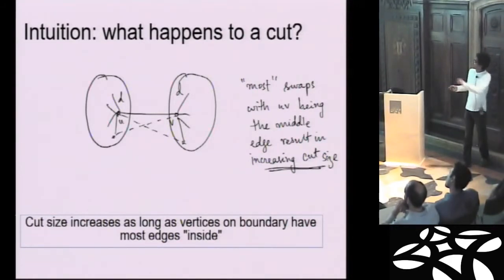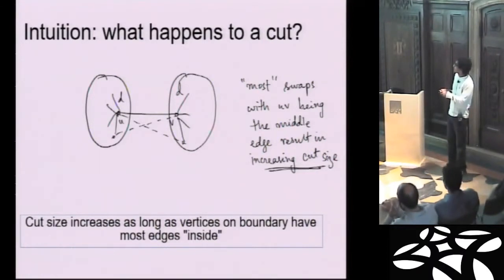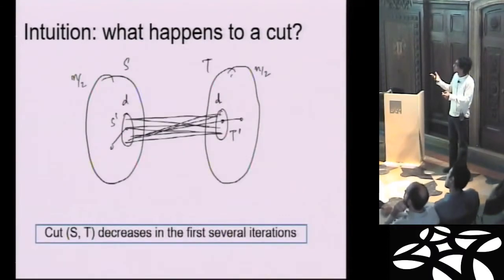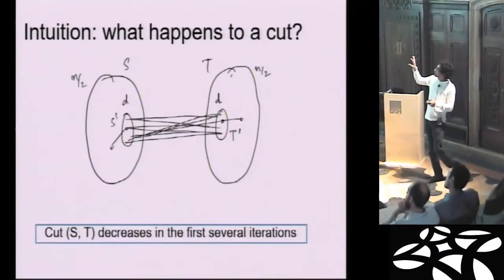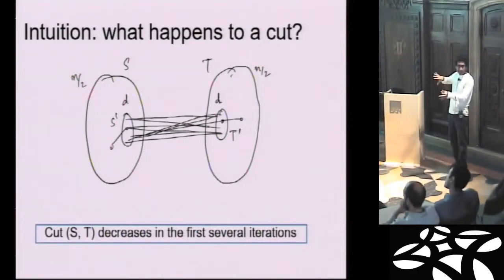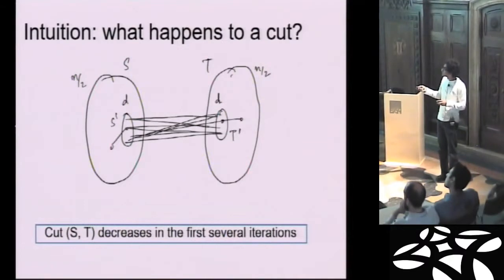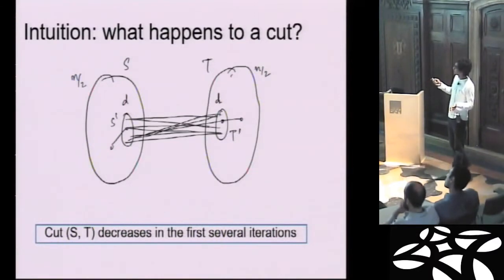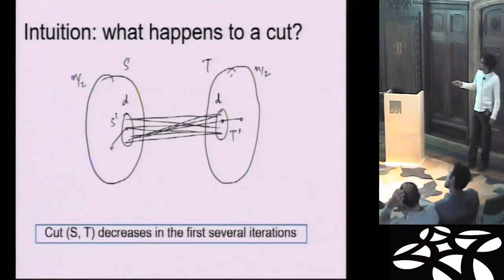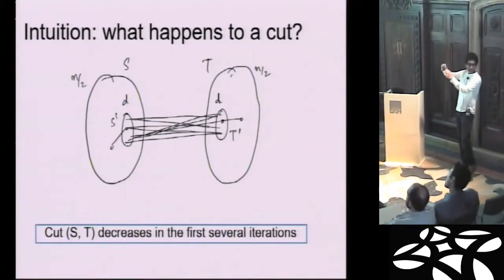Okay. But it turns out making this formal as is actually pretty tricky. And in fact, you can come up with pretty sparse cuts that don't improve. Okay. Because in some sense, it's only the vertices on the boundaries that matter. Okay. So you could have two huge vertex sets, but the edges that go between these sets are all focused on a small set of vertices.